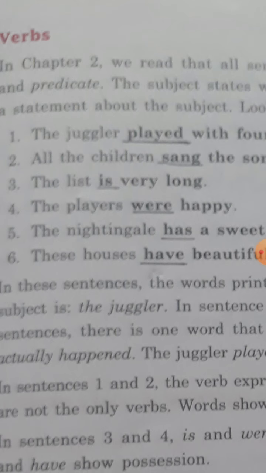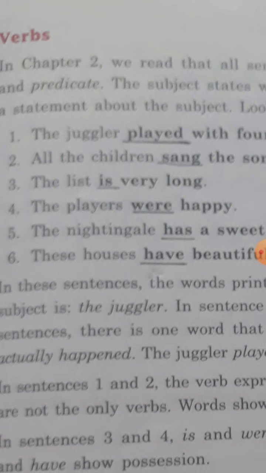In the third sentence, the list is very long. So, the verb you have identified is, which is a helping verb. So, everything that comes before it, that is the list, would be the subject. And the list is very long. So, here very long is defining the list.